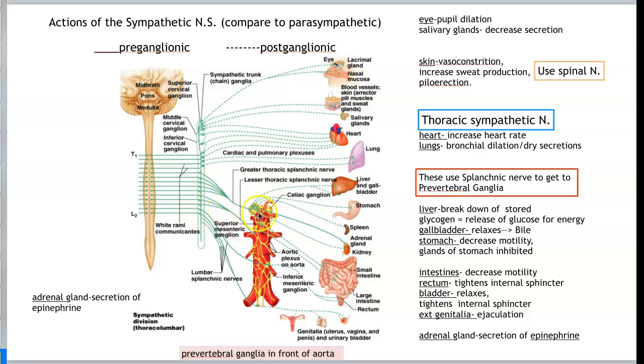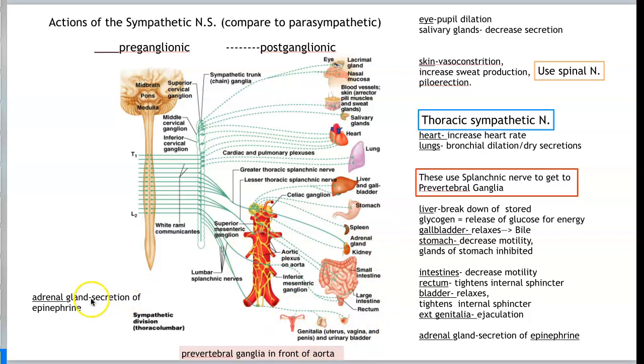These splanchnic nerves are going to take you to one of these prevertebral ganglia that are in front of the abdominal aorta. And then you're going to leave the prevertebral ganglion, and you're going to synapse, and then you're going to leave and go to your target organs in your abdominal cavity.